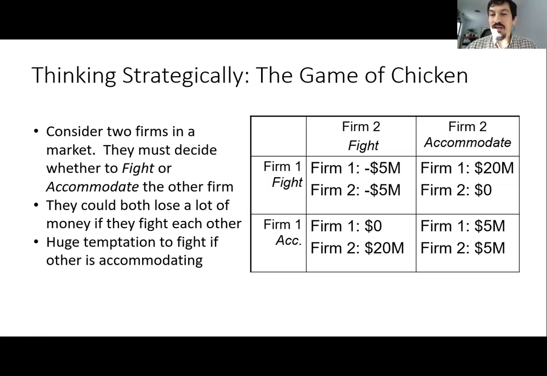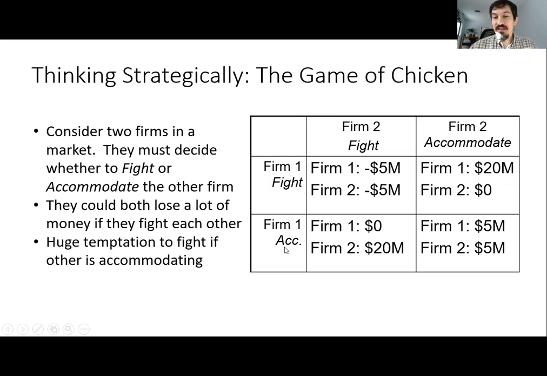They have a high quantity of production and the other firm doesn't, and they get lots and lots of profits from it. They get $20 million. The other firm gets nothing. And this is symmetric, so it doesn't matter which firm is doing the fighting. If firm one fights and firm two accommodates, firm one gets all the money. If firm two fights and firm one accommodates, then firm two gets all the money, the $20 million.